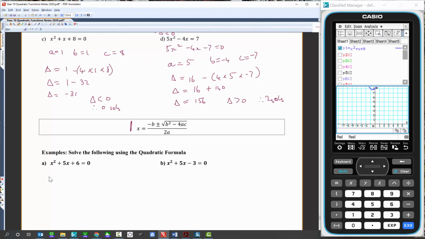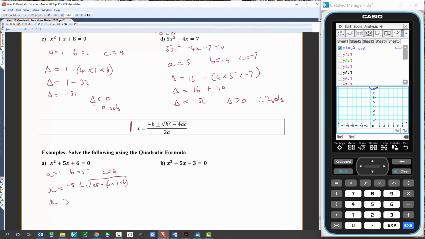Right, so this one here, we're going to note our a value is 1, b value is 5, c value 6. Right, let's pop this all into the quadratic formula. X equals negative b plus or minus the square root of b squared, 25, take away 4 times 1 times 6.